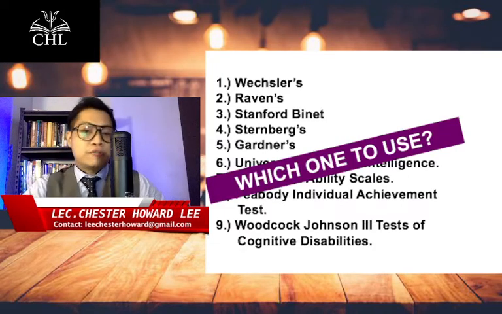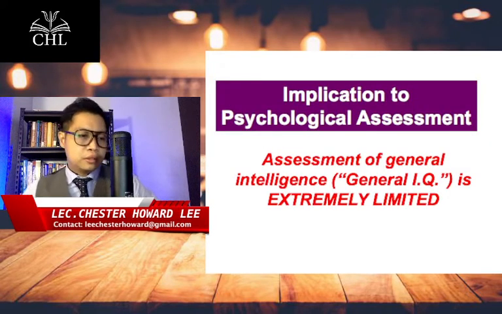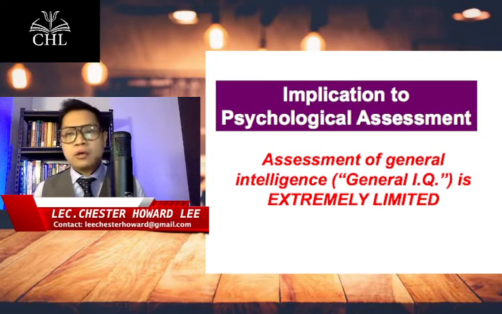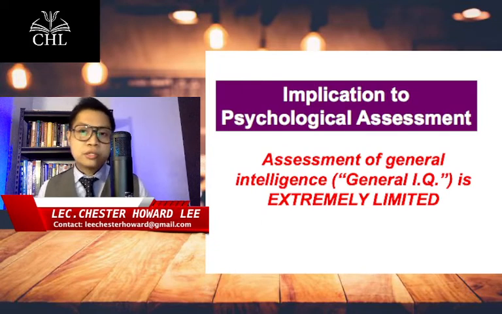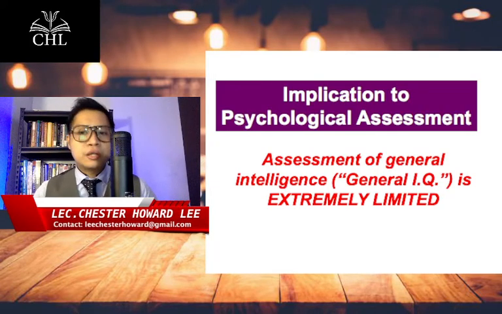Another implication of this, we are still under principle number 1, if intelligence is defined in different ways, assessment of general intelligence is extremely limited. Ito kasi yung pinaka-basic way on how to measure intelligence, right? You give the person an IQ test and then you compute for the raw score and then you consult the norm and the norm will tell you the meaning of the general IQ.